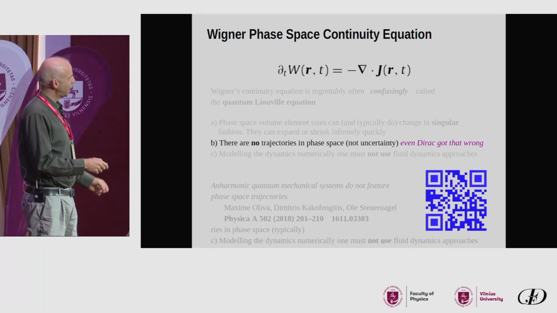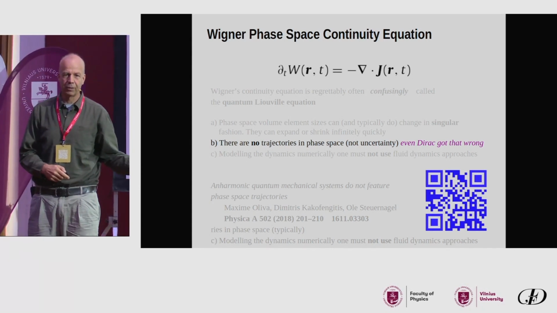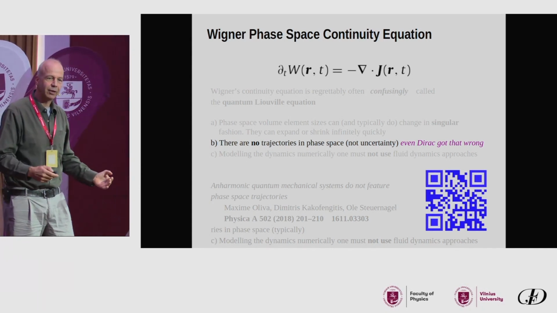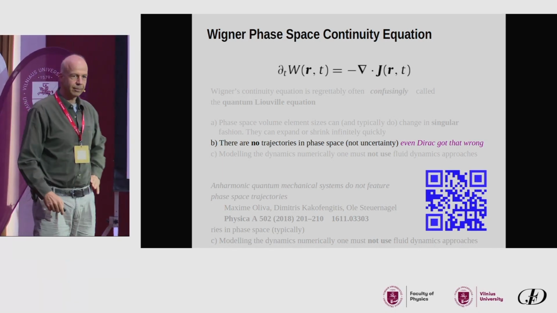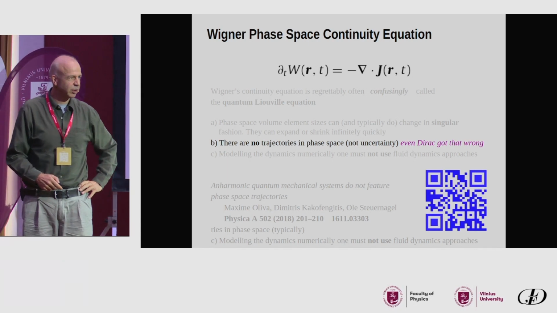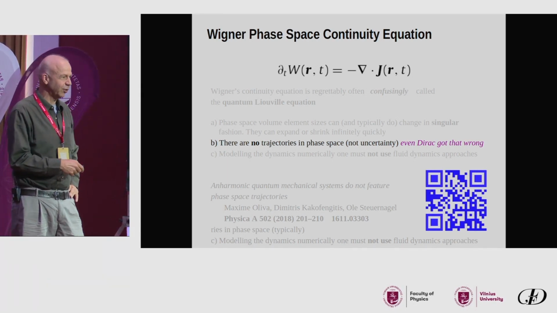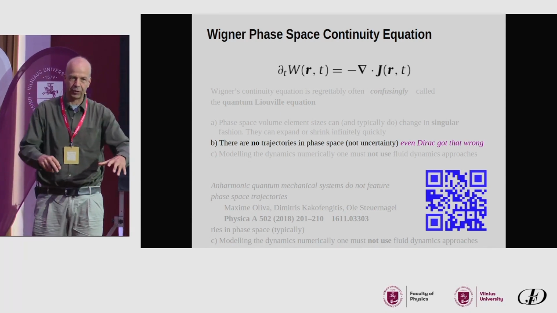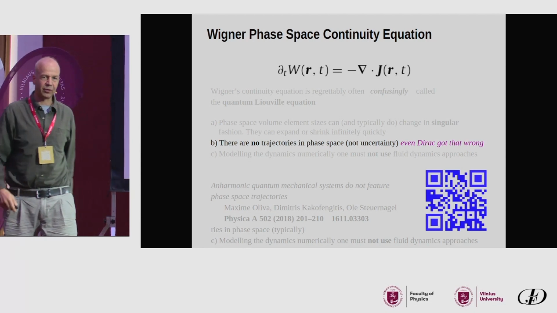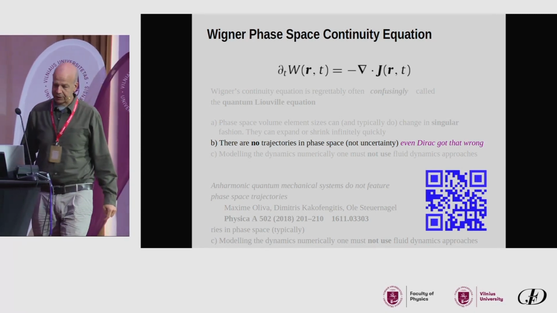He stopped Moyal from publishing his paper, I think, for 7 years or something, several years, because Dirac said, you're talking, how do you say bullshit in French? Or whatever. He said, you don't understand physics, you're talking nonsense. There are no trajectories in phase space because of Heisenberg's uncertainty principle. Phase space is fuzzy. So yeah, Dirac got that wrong.